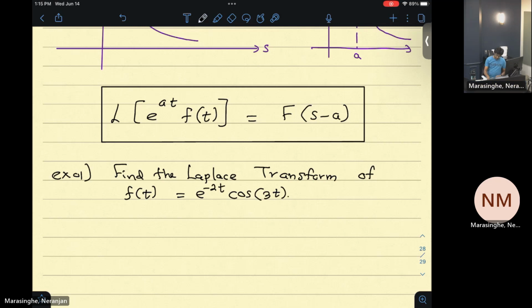Use the first translation theorem. Now I have multiplied f(t) by e to the minus 2t.